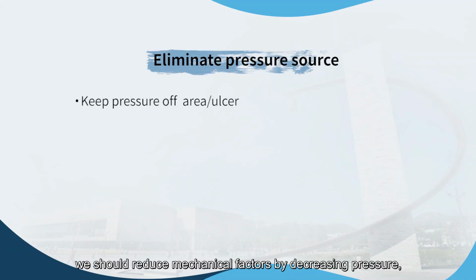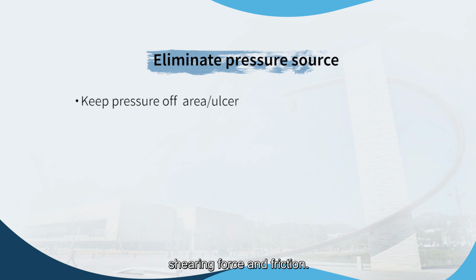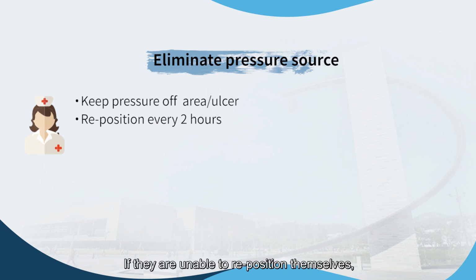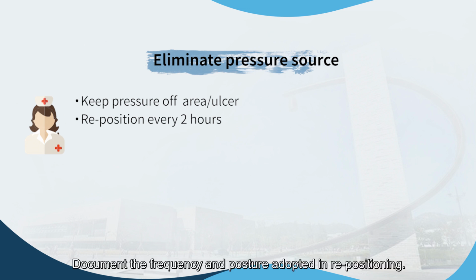First, we should reduce mechanical factors by decreasing pressure, shearing force, and friction. Encourage high-risk patients to change their positions every 2 hours. If they are unable to reposition themselves, offer help and use equipment aids if needed. Document the frequency and posture adopted in repositioning.